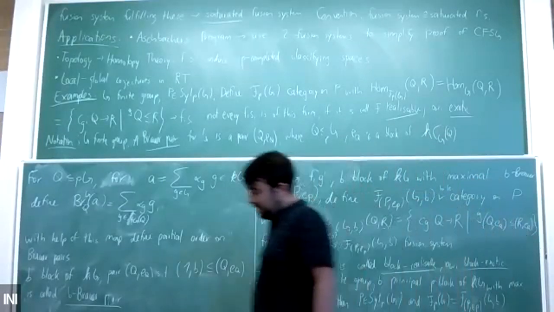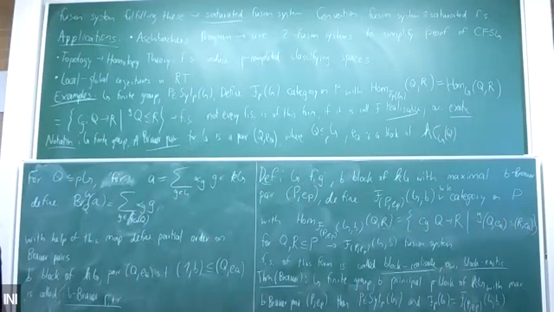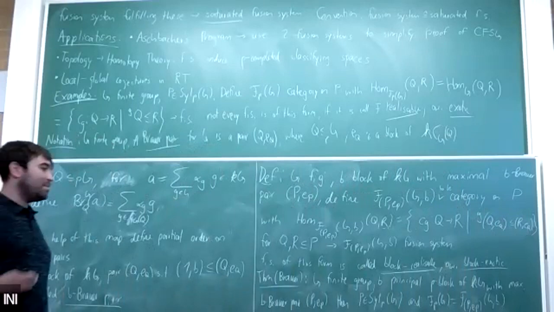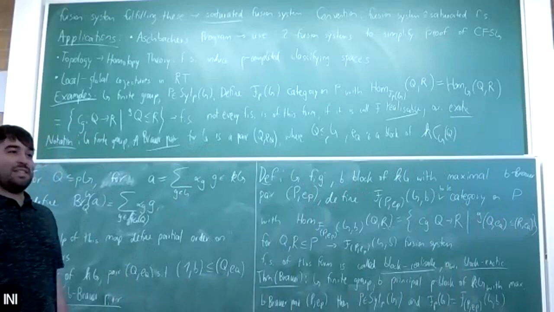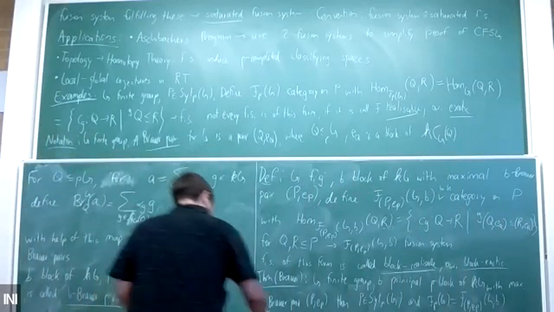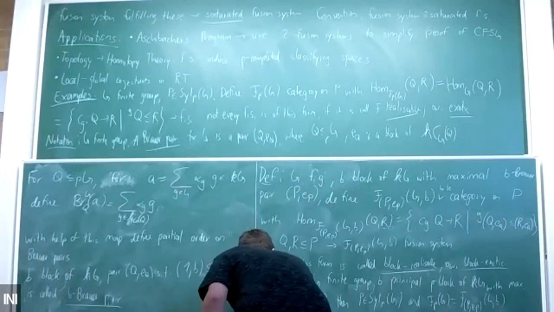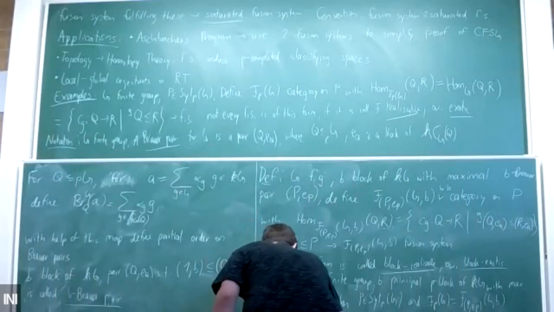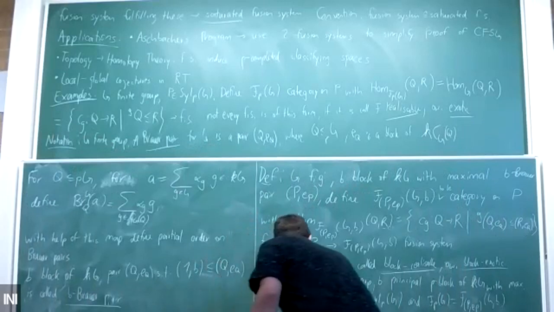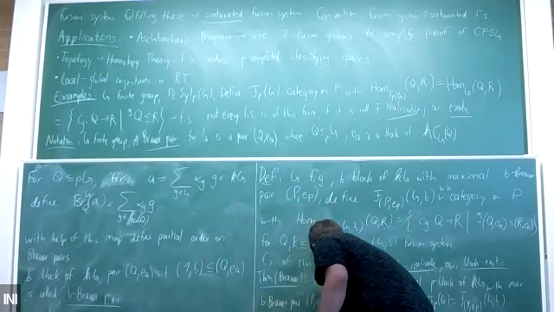So in particular, this means we can take any realizable fusion system and write it as the fusion system of a principal block. So this means realizable implies block realizable, or in other words, block exotic implies exotic.